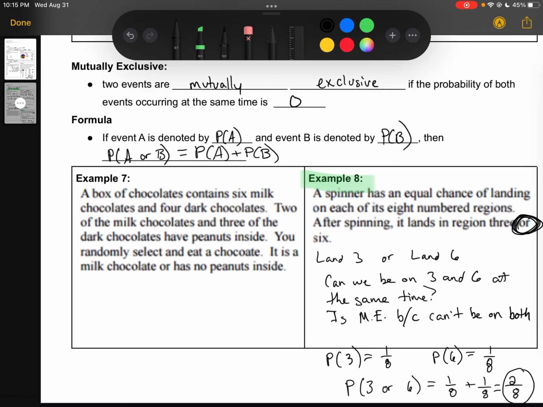So that is kind of the idea for the questions that we're working through: is it possible for two things to happen at once? And looking at specifically what they're asking you for. So again, we have 6 milk. We have 4 dark. 2 of the milk chocolates have peanuts.